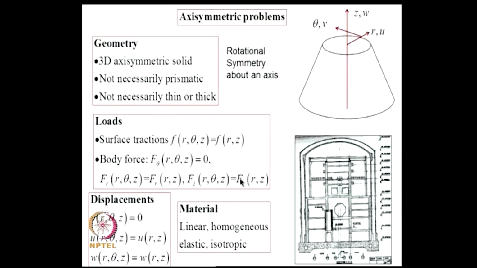Under these assumptions, the displacements in the theta direction will be 0, and the other two displacements u and w, u in r direction, w in z direction, will be independent of theta. So, this is the postulate on displacements. The material itself we are going to assume linear, homogeneous, elastic and isotropic. So, as a consequence of this, what happens? Now, we have v equal to 0, u is independent of theta, w is independent of theta.